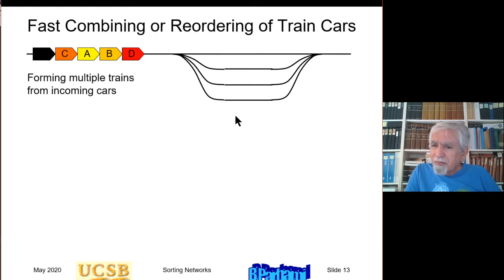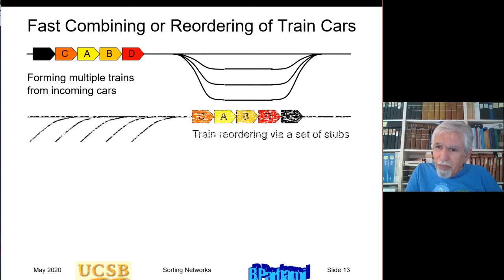We can do that. So this is efficient because we have multiple sidings.